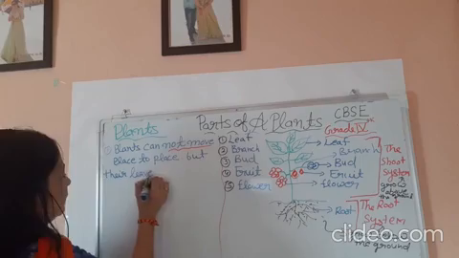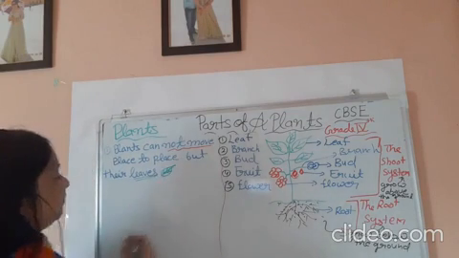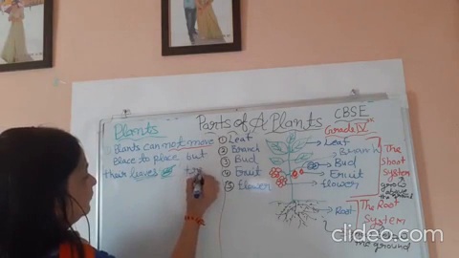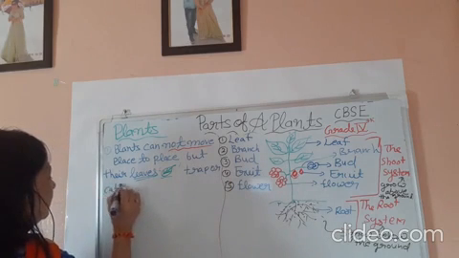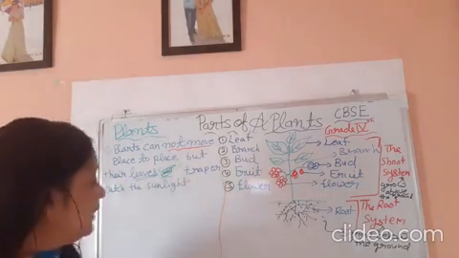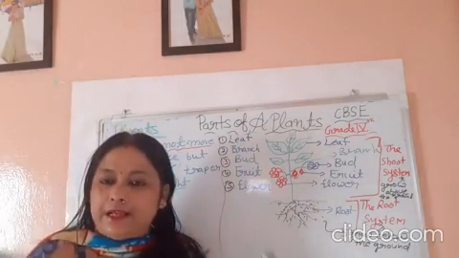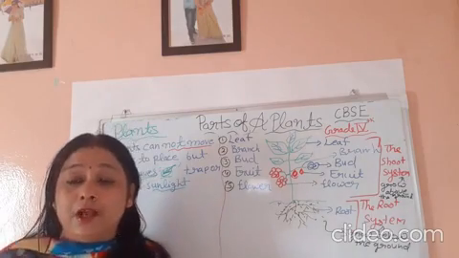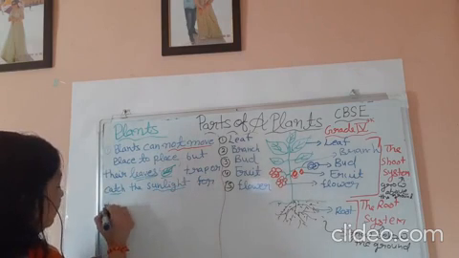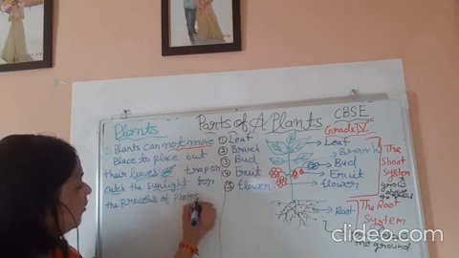Keep in mind, plants cannot move, but their leaves trap or catch the sunlight, or we can say absorb the sunlight, for the process of photosynthesis.